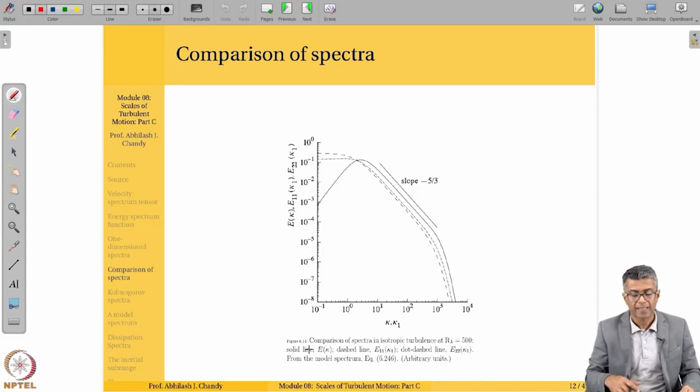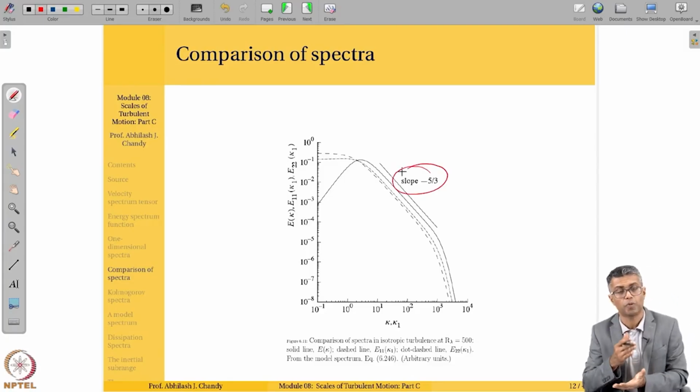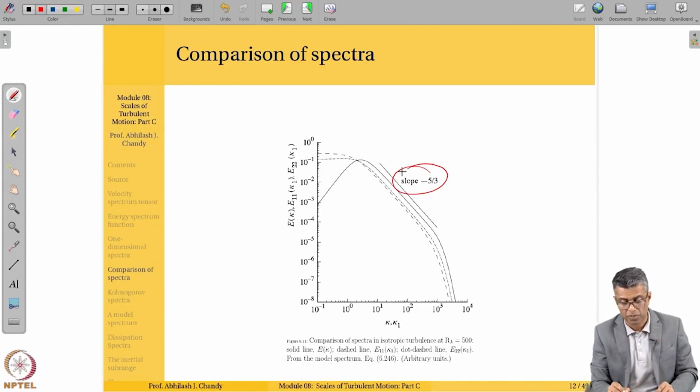You will notice that they have similar variations with kappa. There is a minus 5/3 slope here, which we will discuss in more detail in the next class. But what is plotted here is E of kappa versus kappa, and that is why you have two x-axis values here, kappa and kappa 1.